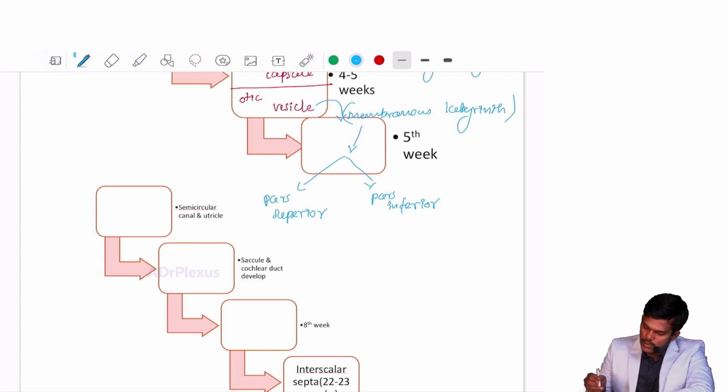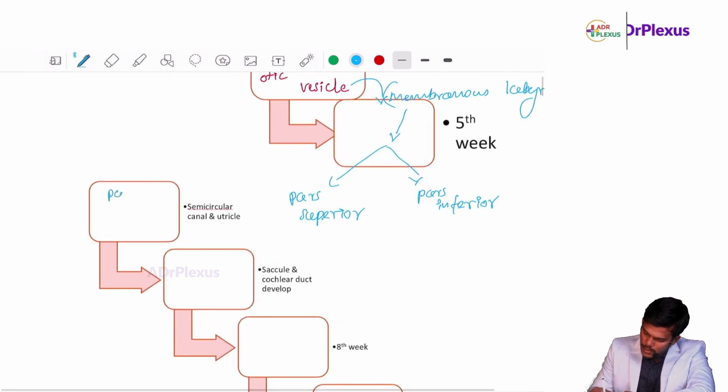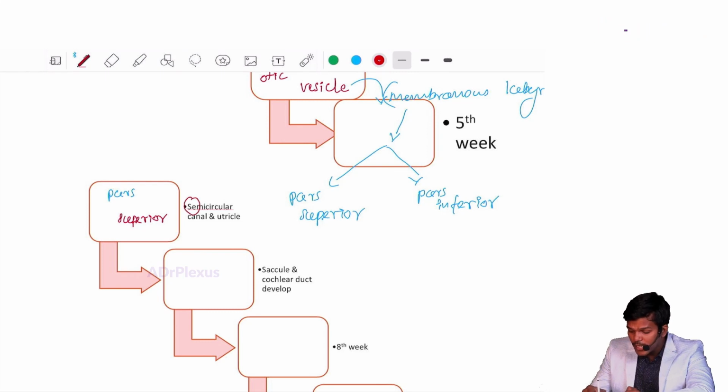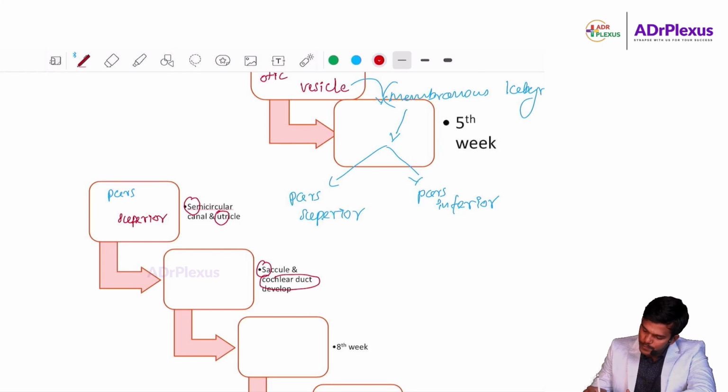Now this pars superior will develop into the semicircular canal and utricle. So the semicircular canal and utricle will have a separate embryological aspect. Then the saccule and cochlear duct will form from pars inferior.